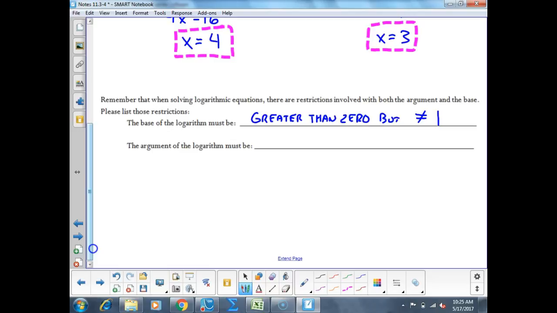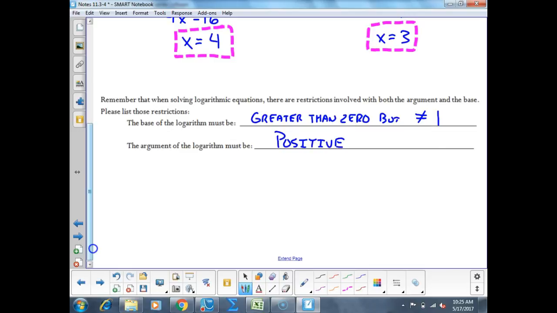And in all logs, what do I know about the argument? Has to be what, Maggie? It's got to be positive. Can that one be equal to 0?